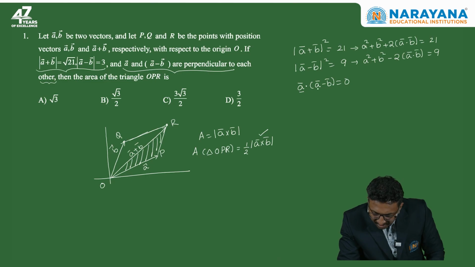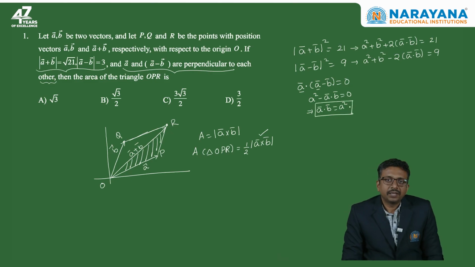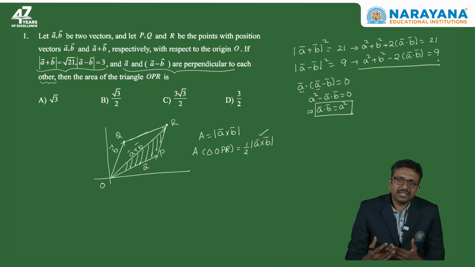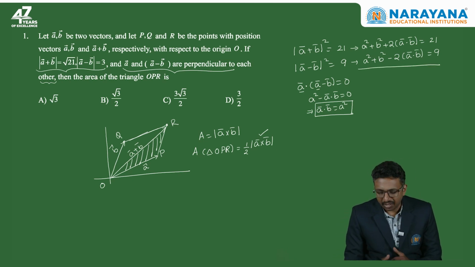And a bar dot a bar minus b bar is equal to 0, that is, a square minus a bar dot b bar is equal to 0, which implies a bar dot b bar is equal to magnitude of a whole square. So now using these two pieces of information, we'll add them first and then subtract them.